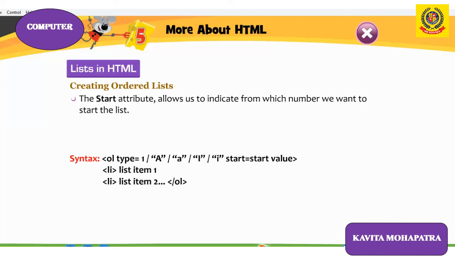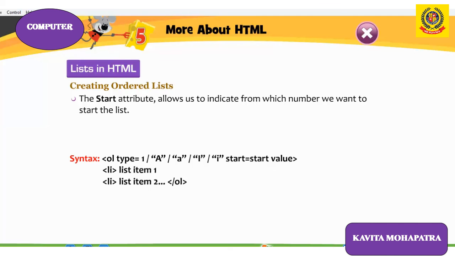In an ordered list you have to specify the start and type attribute, which type you want to use. You want to use small letters a, or capital letter A, or you want to use 1. You have to write the type which you want to use.